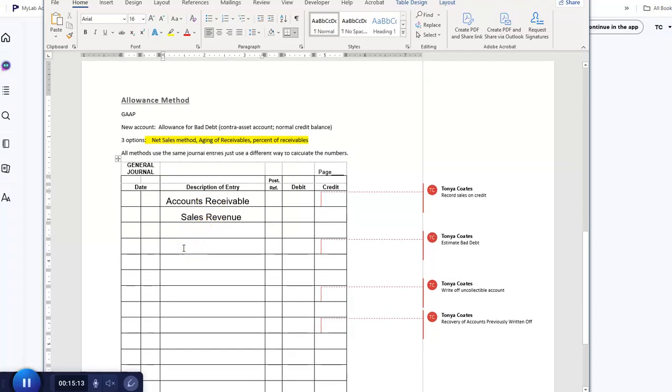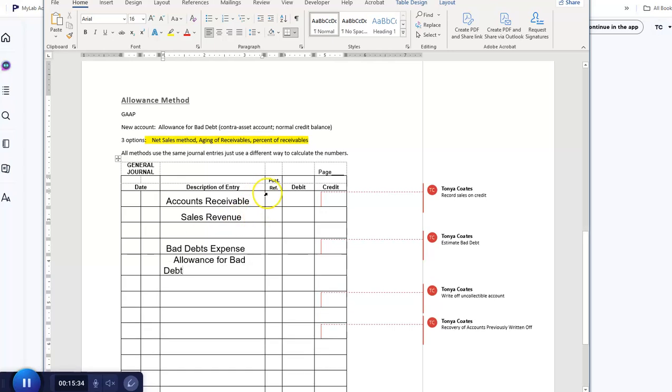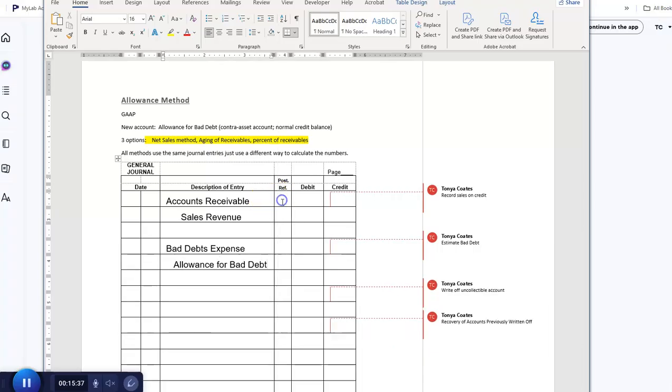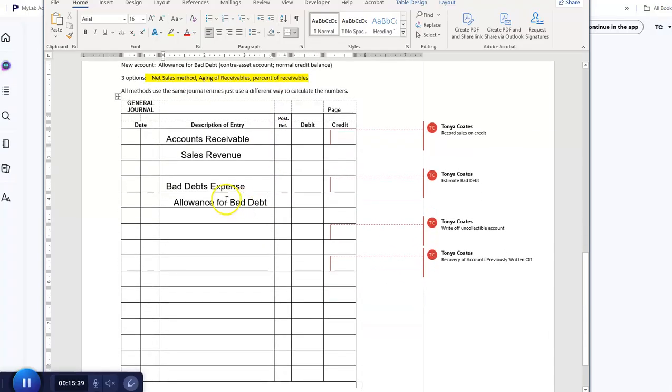To estimate the bad debt expense, we're going to debit bad debt expense, and we are going to credit this new contra asset account called allowance for bad debt. So this is a contra asset account. By doing it this way, under the allowance method, we have recorded this bad debt in the same time period that we recorded this revenue.